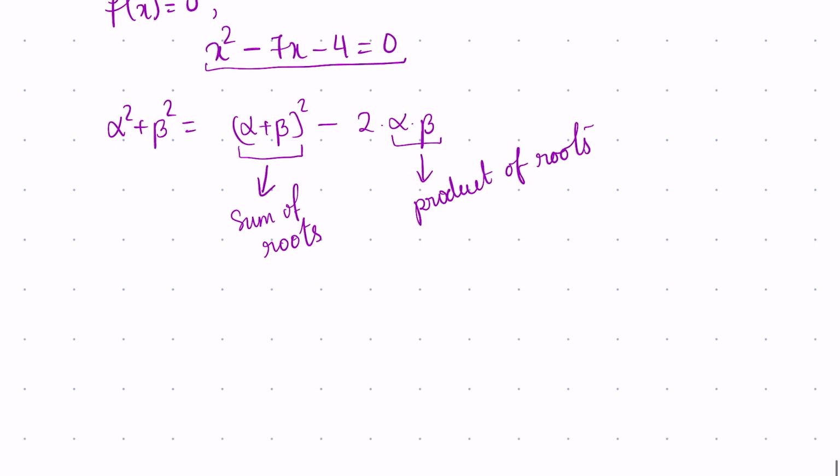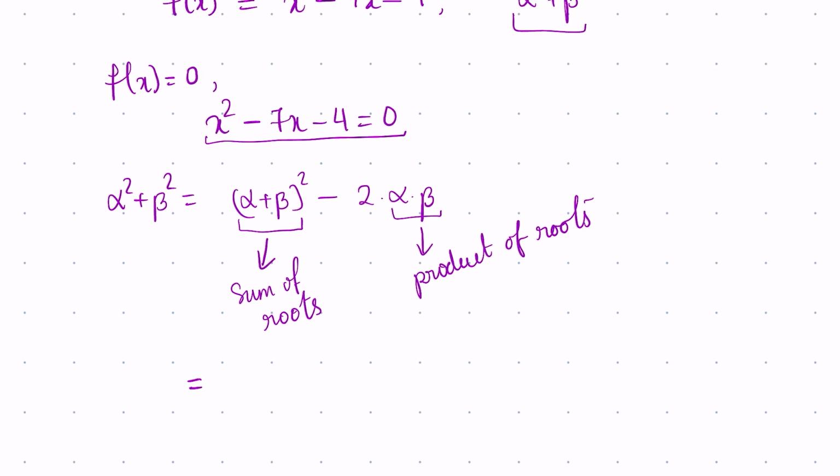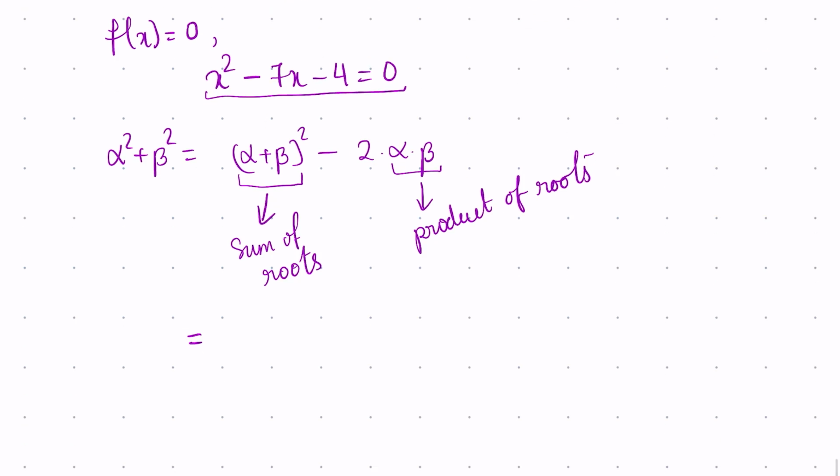So what is the sum of roots? Sum of roots is nothing but minus b by a. In this case, sum of roots is minus 7. A is just 1, so we need to write it. That squared minus 2 times what's product of roots? Product of roots is c by a. C in this case is minus 4, so minus 4.